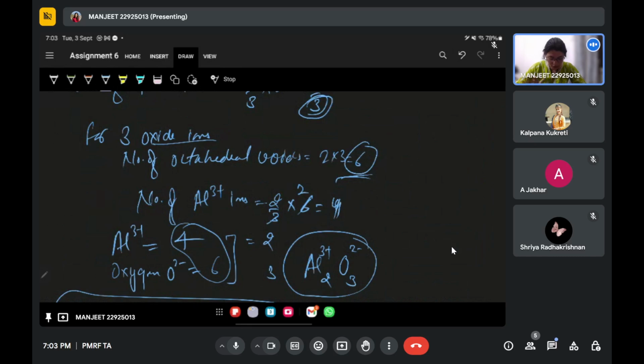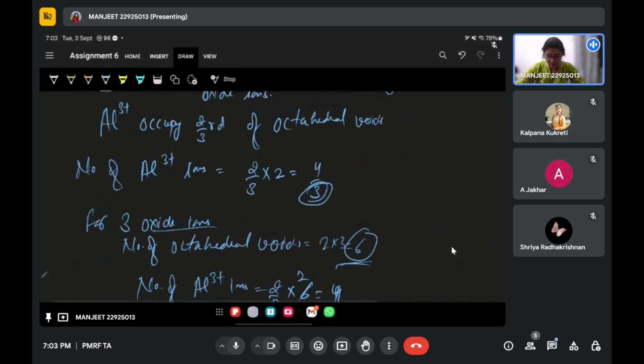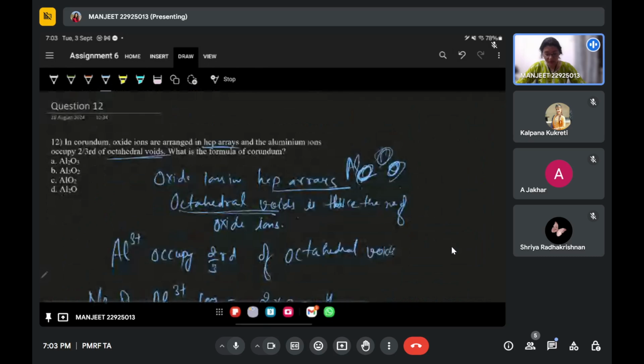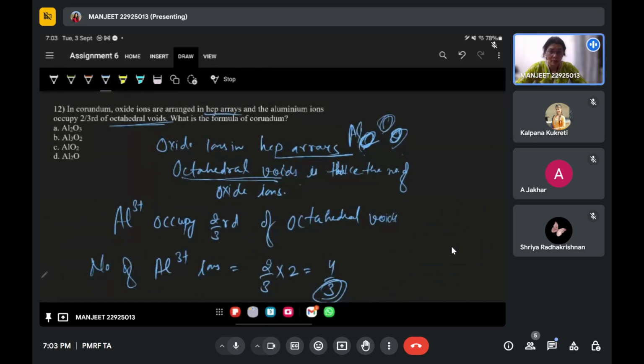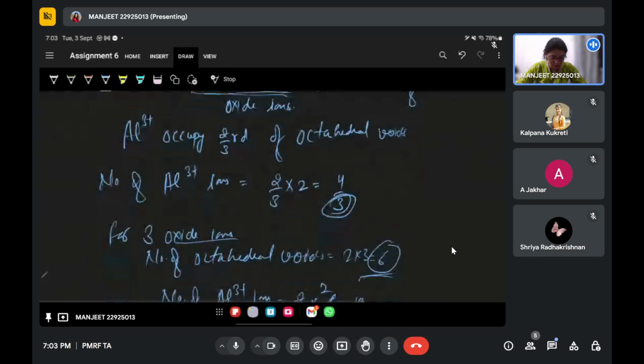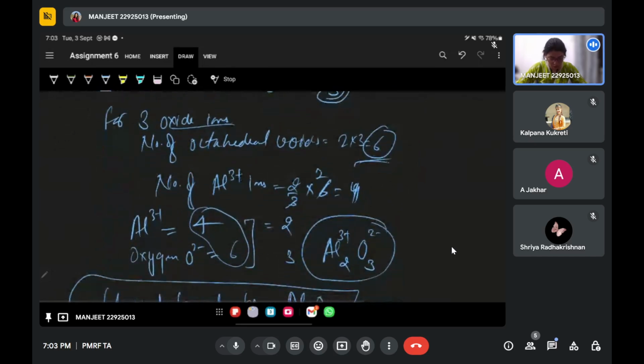So now we have a total of 6 octahedral voids. But as mentioned in the question, the aluminium occupies only 2/3 of the octahedral voids. We have 6, but it occupies only 2/3, so 2/3 of 6 gives 4 aluminium ions.